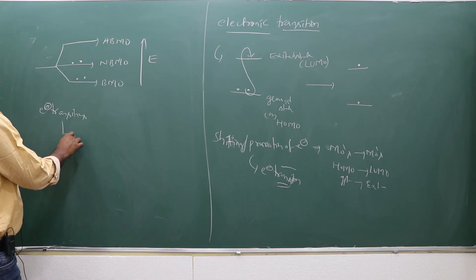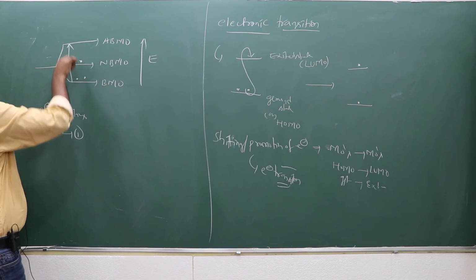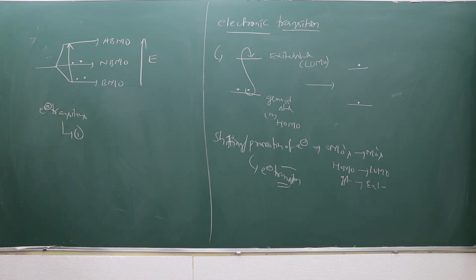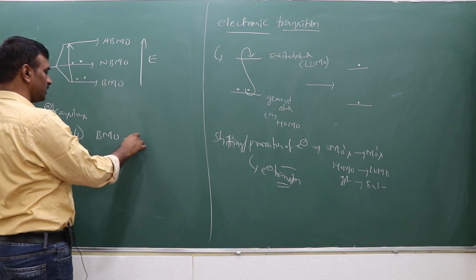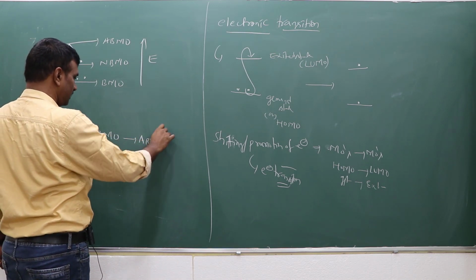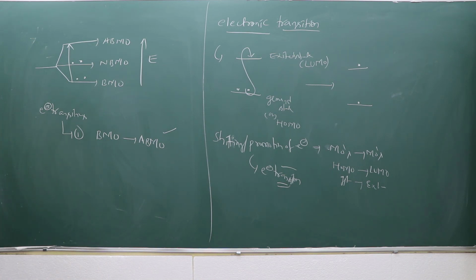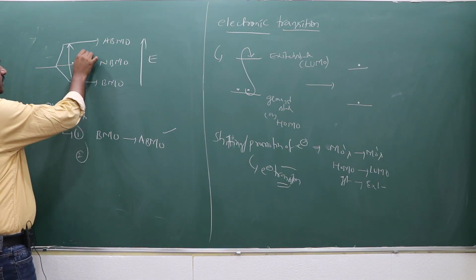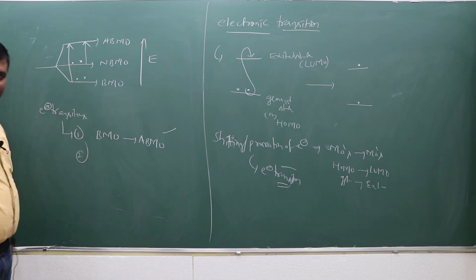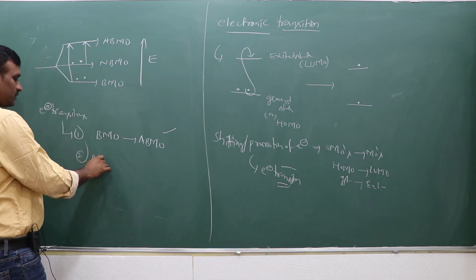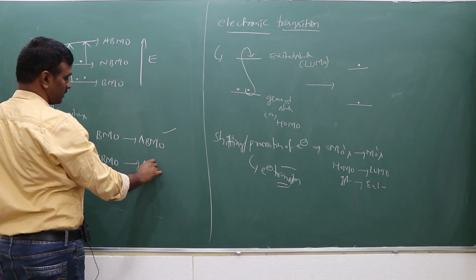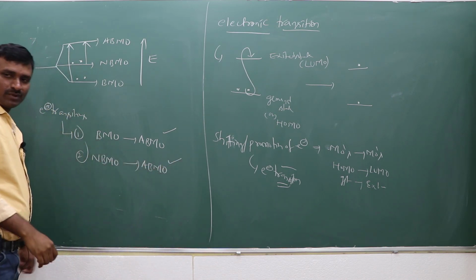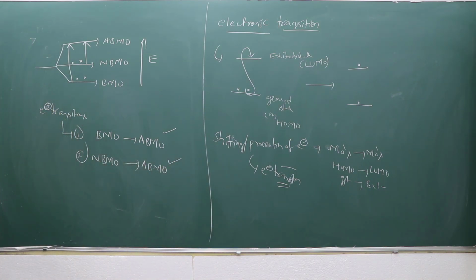Electronic transitions are possible from the bonding molecular orbital to the anti-bonding molecular orbital, and from the non-bonding molecular orbital to the anti-bonding molecular orbital.